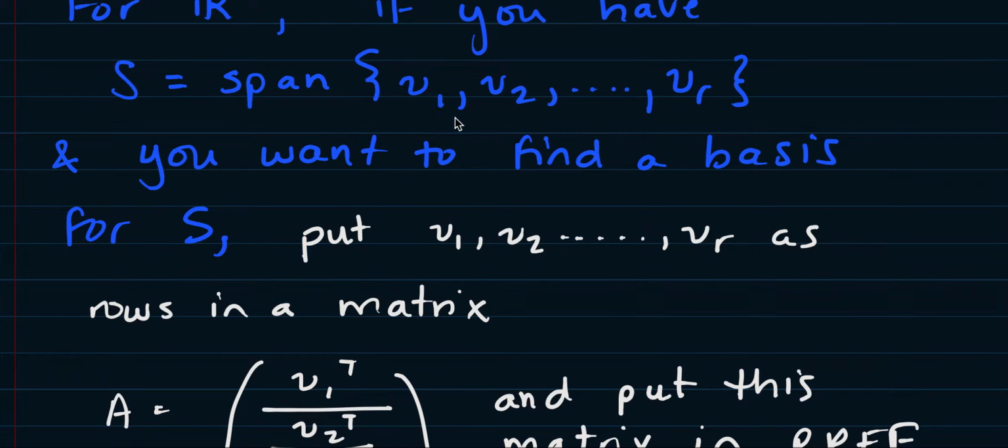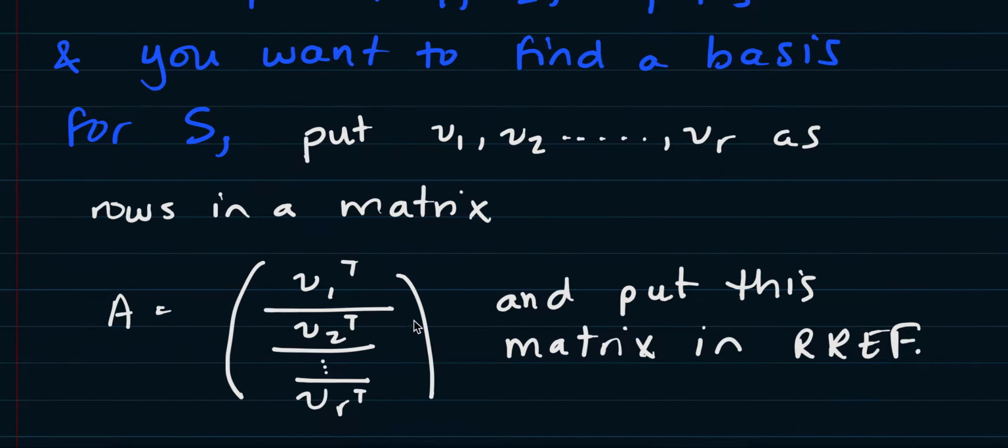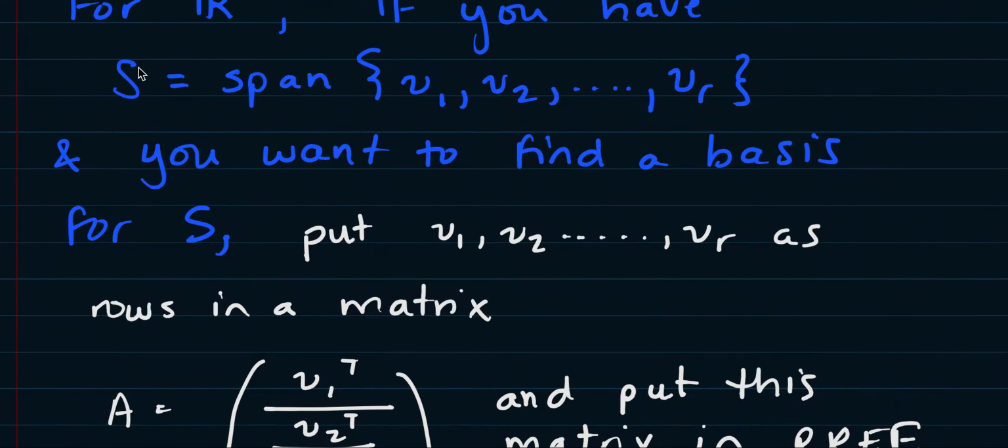If you can find a linearly independent set, then that would form a basis for this subspace S. When we put these vectors as rows, we're going to put it in reduced row echelon form, and so the row space would be the same as the row space of A. So the row space of the reduced row echelon form is the same as the row space of A, and that row space is the span of those vectors here, which is going to be equal to this subspace. And that being the case, you'll have your linearly independent vectors.